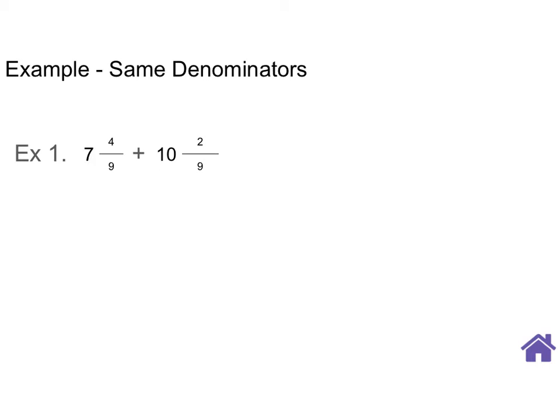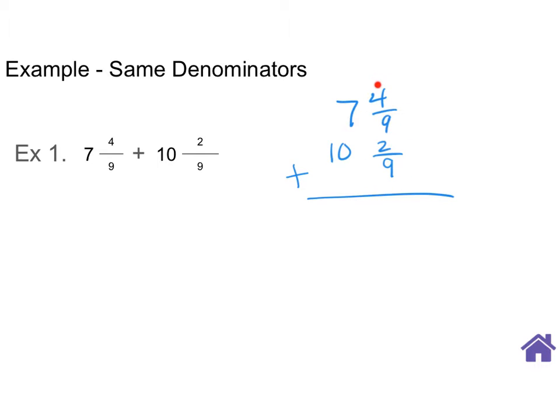Okay, let's look at this first example. Since we're adding and everything's positive, it makes it pretty easy. I'm going to go ahead and rewrite it so that it's vertical. So I have 7 and 4/9, and I have 10 and 2/9. I'm going to add it vertically. I'm going to just look at my fractions first.